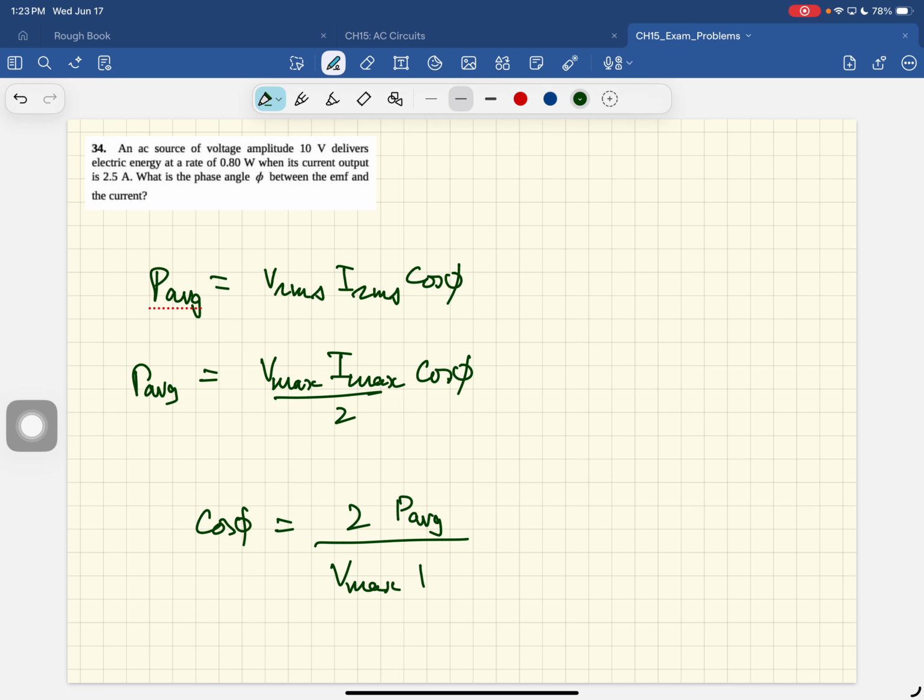So if this combination is connected to a 100-volt source operating at the resonant frequency, what is the power output of the source?